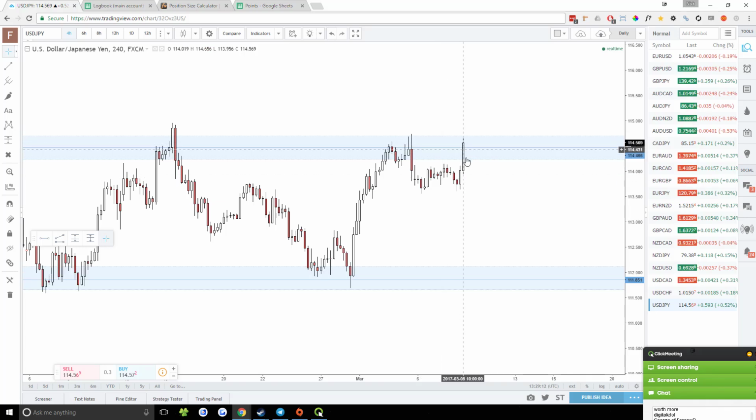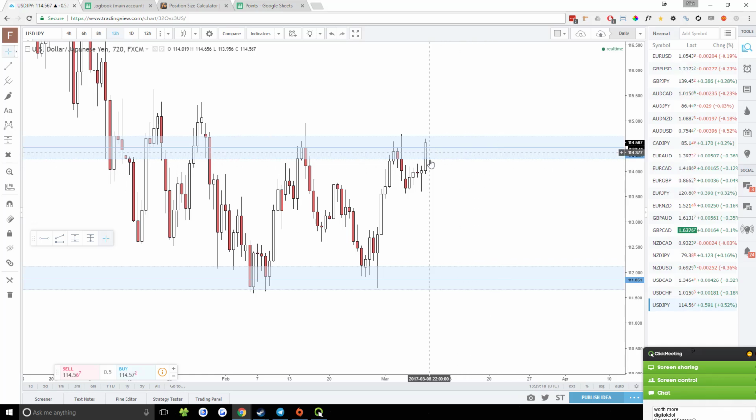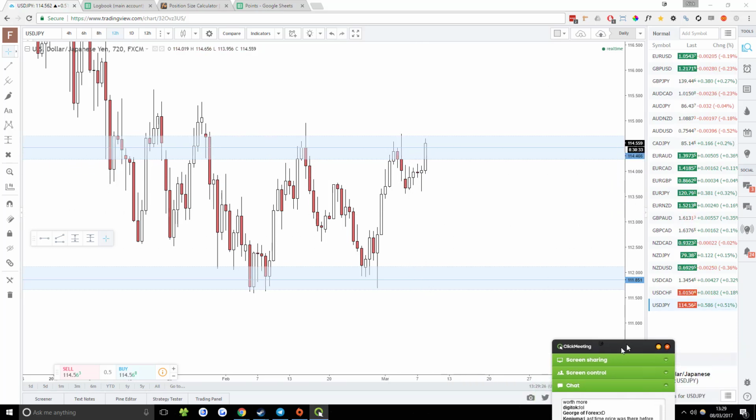Ash, did you close out your USD JPY short? I think we talked about this in a bit of detail yesterday. I was suggesting if it starts pushing above its previous highs, you should probably exit.